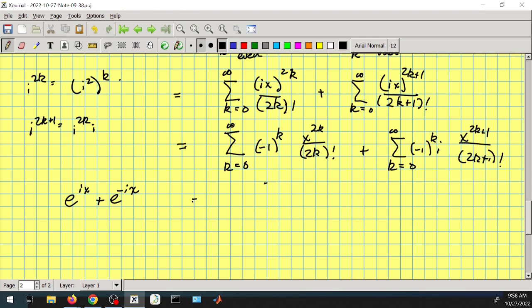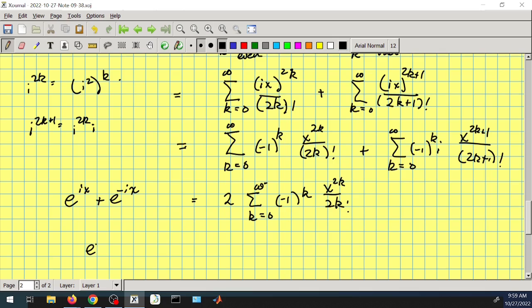So I get 2 times the sum, k equals 0 to infinity, of minus 1 to the k, x to the 2k over 2k factorial. And now you know where e to the ix plus e to the minus ix over 2 gives you the Taylor series for cosine.